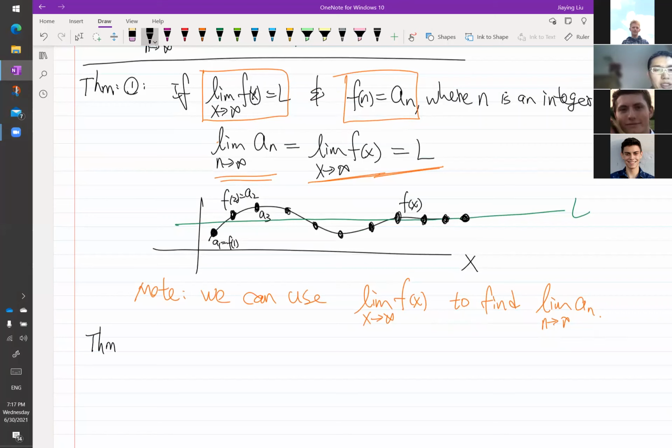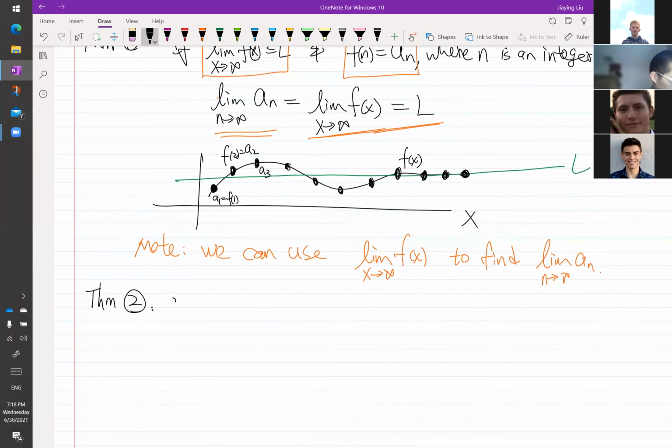Let me finish writing the second theorem, which is called the squeeze theorem. It's also the sandwich theorem. It's a very famous theorem. I don't know if I spell squeeze correctly, but anyway, the squeeze theorem.